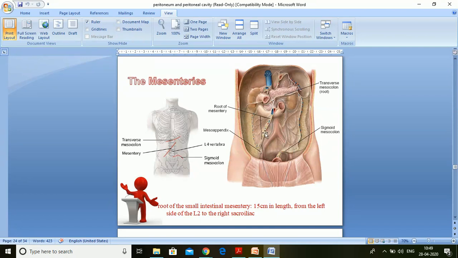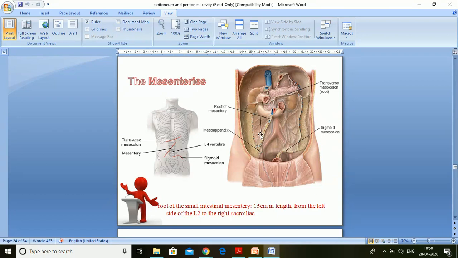This is the point from where the peritoneal folds cover the intestine and attach to the posterior abdominal wall. There are two borders, I said: the attached border and the free border. The free border, or intestinal border, we call it so because it covers the intestine and it is free.